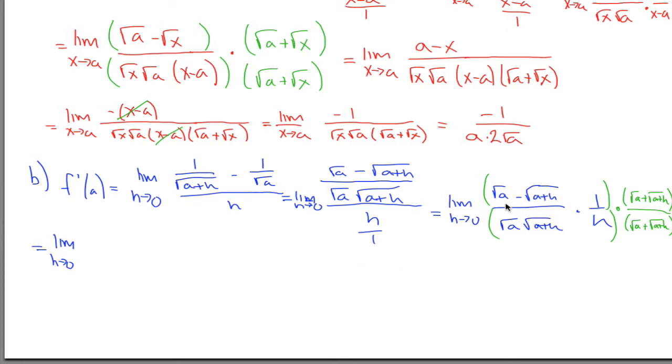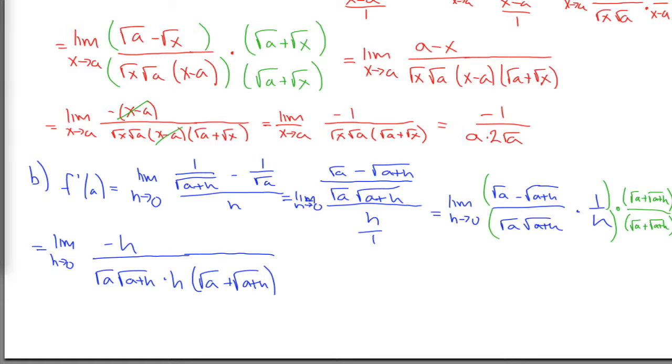And what's nice there is on the top, when I FOIL this all out, I just get negative h. And on the bottom, I'll have a mess, but that's okay. Root a plus h, h, and then this root a plus root a plus h. Huge mess on the bottom, but that's okay because really all I wanted to do was get rid of the h, which I can now cancel and evaluate.